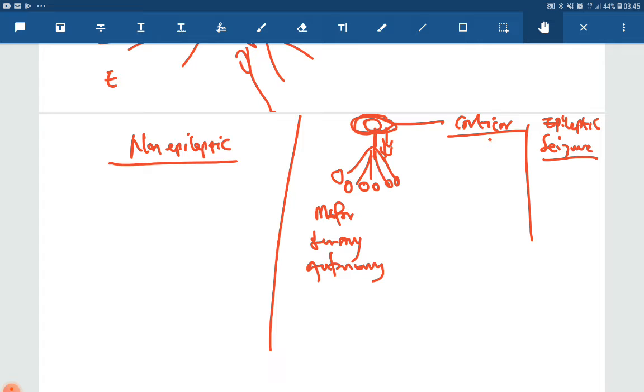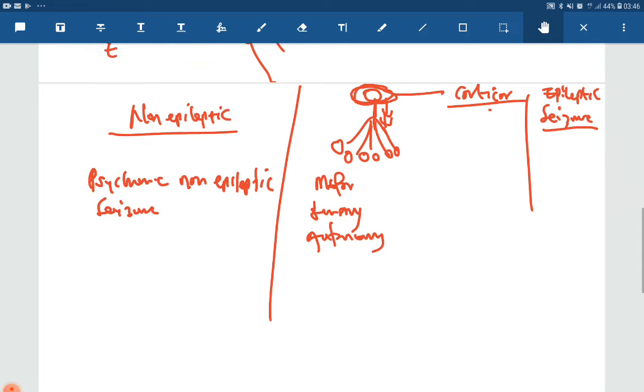And the causes are numerous, but common ones include the psychogenic. So we call that psychogenic non-epileptic seizure. These ones are not due to cortical discharges.